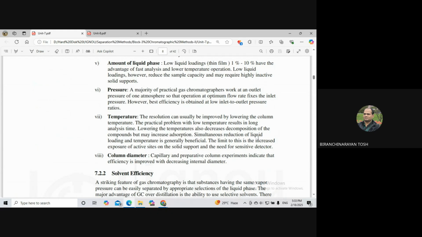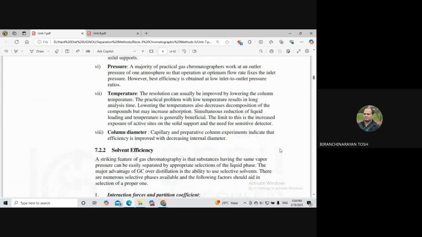So simultaneous reduction of liquid loading and temperature is generally beneficial. The limit to this is the increased exposure of active sites of the solid support and the need for a sensitive detector. And column diameter: capillary and preparative column experiments indicate that efficiency is improved with decreasing internal diameter.